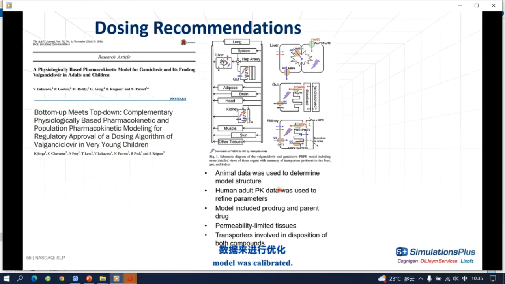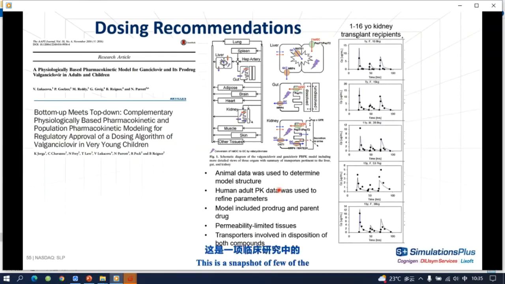And once the adult model was calibrated, that model was then used to predict the PK in children because some pediatric data was already available. So the pediatric data that was already available was used to further verify and validate the model and give more confidence in extrapolating, or doing the predictions, for those very young children.